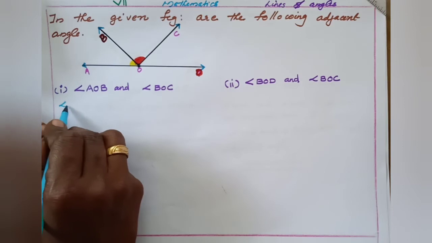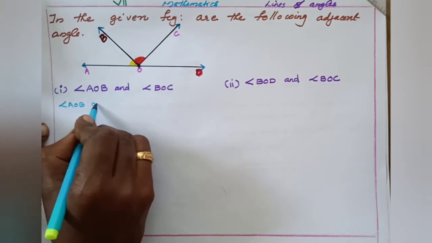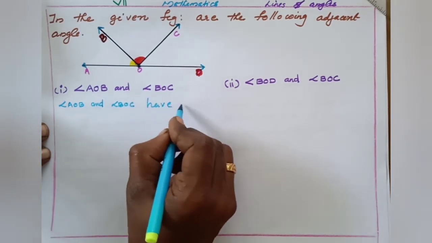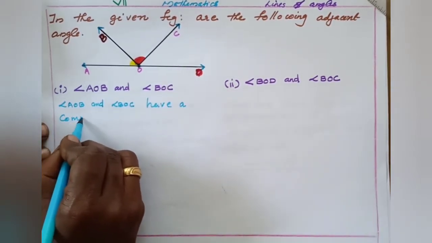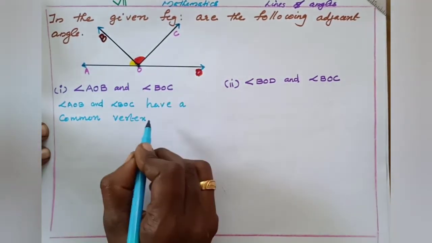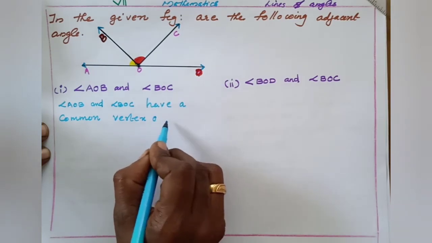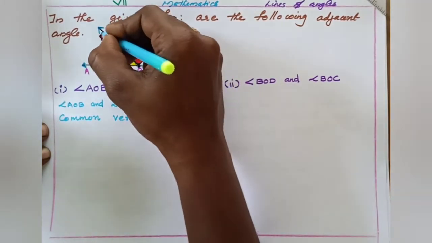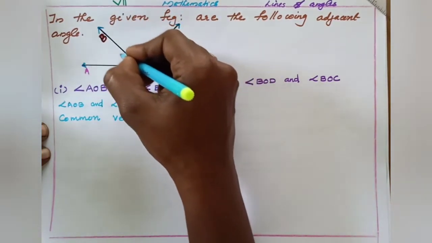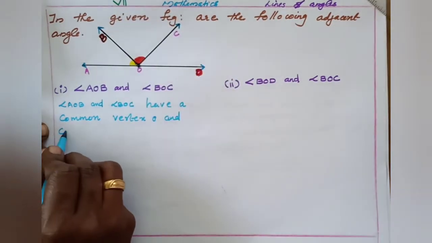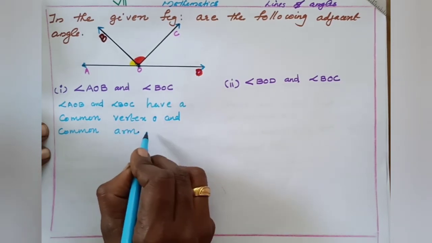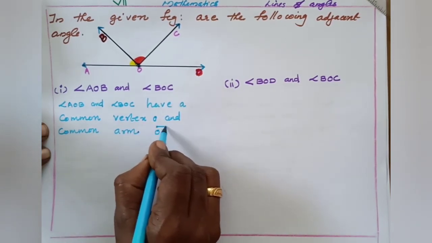See, O is the common vertex. So angle AOB and angle BOC have a common vertex, yes, O. And common arm. This is the common arm. AOB, BOC, common arm is OB, ray OB.